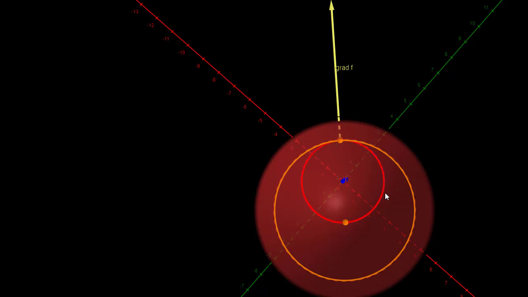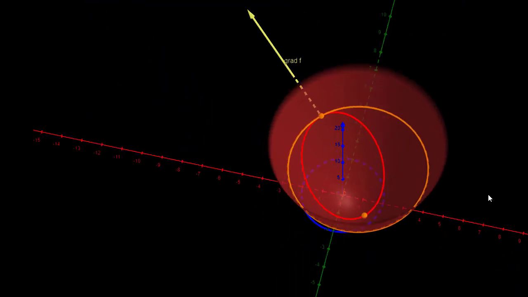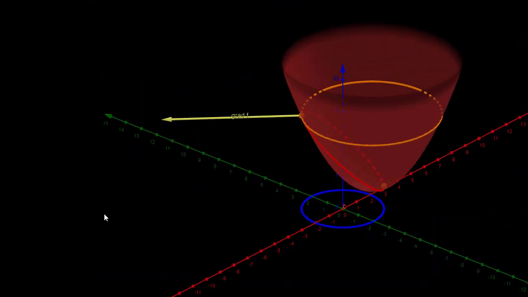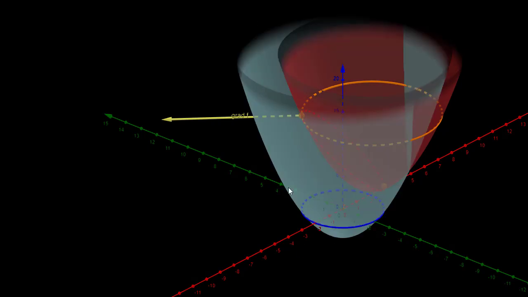But notice it's also perpendicular to the constraint curve. If we actually drop the constraint curve and just look at the blue curve, there's the constraint curve. The gradient of f is perpendicular to all three of these curves. Now, if I put in the gradient of g at 0, so this is, if you remember, the level curve of this function, z equals g of xy.